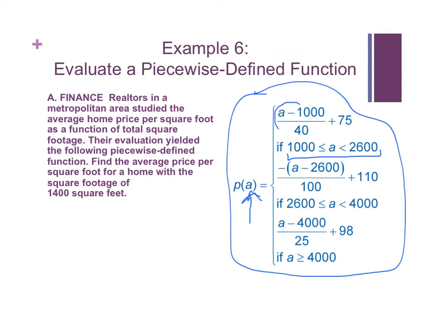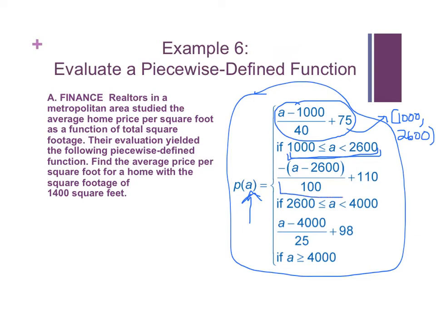So this first equation, a minus 1,000 divided by 40 plus 75, only works if a is between 1,000 and 2,600. If a includes 1,000 and does not include 2,600. So the domain for this function, in interval notation, would be bracket 1,000, comma, 2,600, parenthesis.